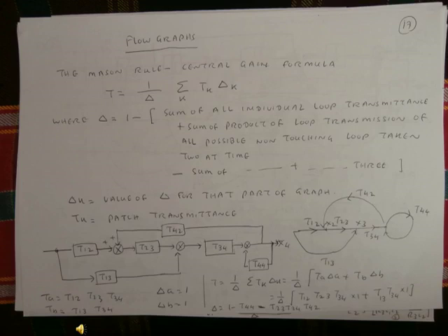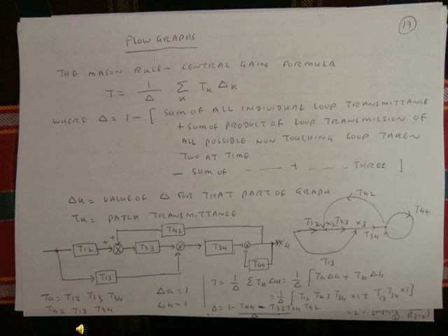Delta is equal to 1 minus the sum of all individual loop transmittances, plus the sum of the products of the loop transmittances of all possible non-touching loops taken two at a time, minus the same for three at a time, and so on. Delta_k is the value of delta for the part of the graph not touching the k-th path, and T_k is the path transmittance. Based on this flow graph diagram, we can simplify.